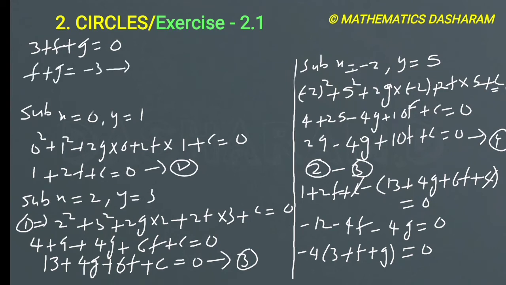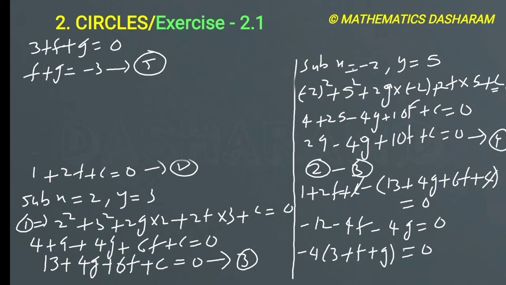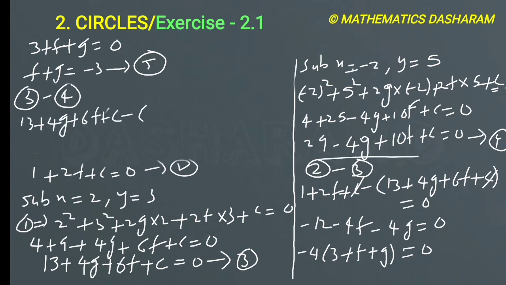So the new equation, as 4 equations are already completed, is equation number 5. Now we need one more equation in the same variables f and g. For that, equation 3 minus equation 4. Equation 3 is 13 plus, and here is equation 4.